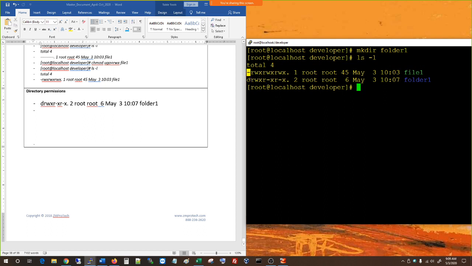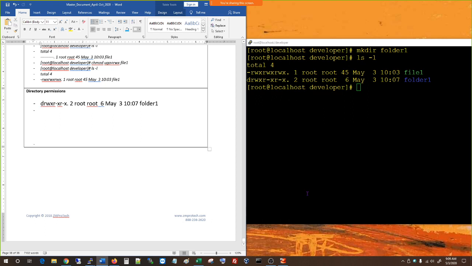That means it's a file. And if you have a letter d in there, this indicates that this is a directory, okay? Is that fair enough? So if you have a letter d in the front, that's a directory.